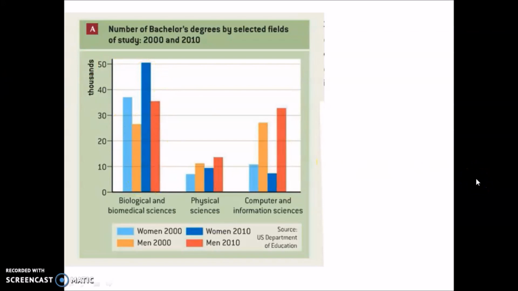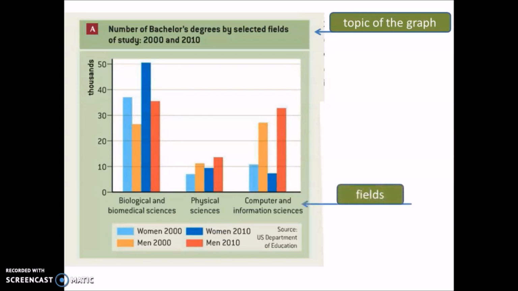Okay, when we see a chart or a graph like this, the first thing we need to look at is the topic. So what does the graph describe or explain to us? So this is about bachelor's degrees, number of bachelor's degrees selected by fields, and you have the years as well.